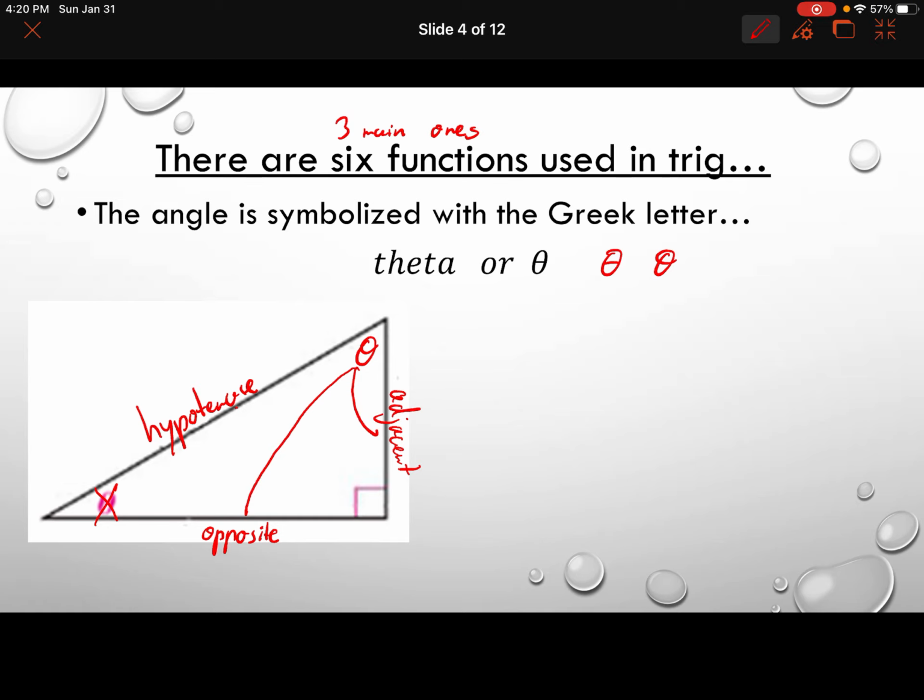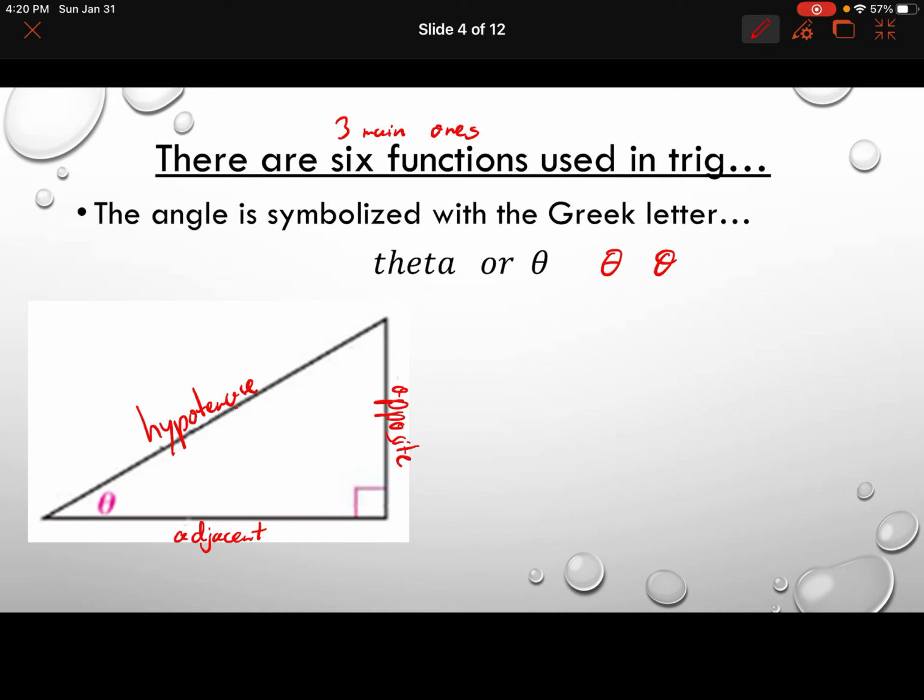The hypotenuse side is always going to be the exact same side of the right triangle, regardless of where your angle is. But the opposite and adjacent sides can change, so do take that into account. So let's stick with the original adjacent, and then this one was your opposite.